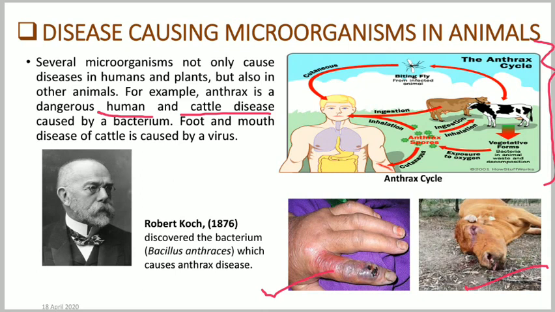So if any human being has a cut on any part of his body, and if anthrax spores are available in the air, they may infect the human being, isn't it?